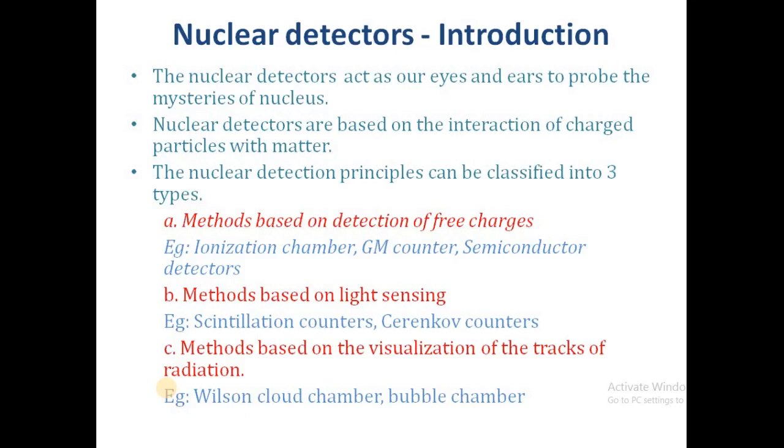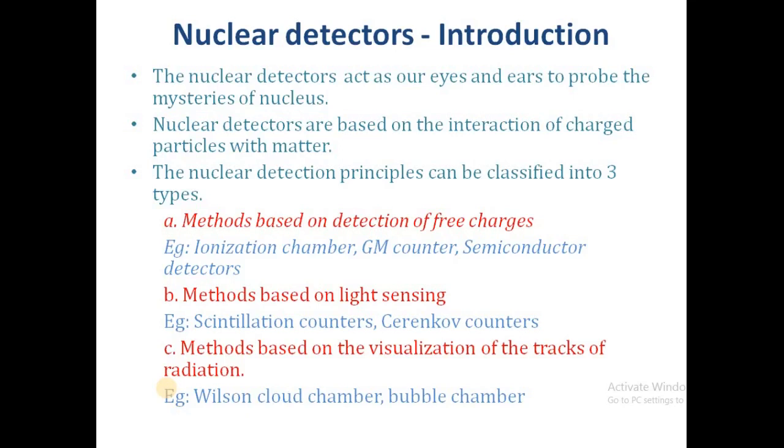The principles of nuclear radiation detection can be broadly classified into three categories. We will see one by one. First one, methods based on the detection of free charges. During the passage of an ionizing radiation through a medium, it may be solid, liquid or gas, both positive and negative ions are produced.